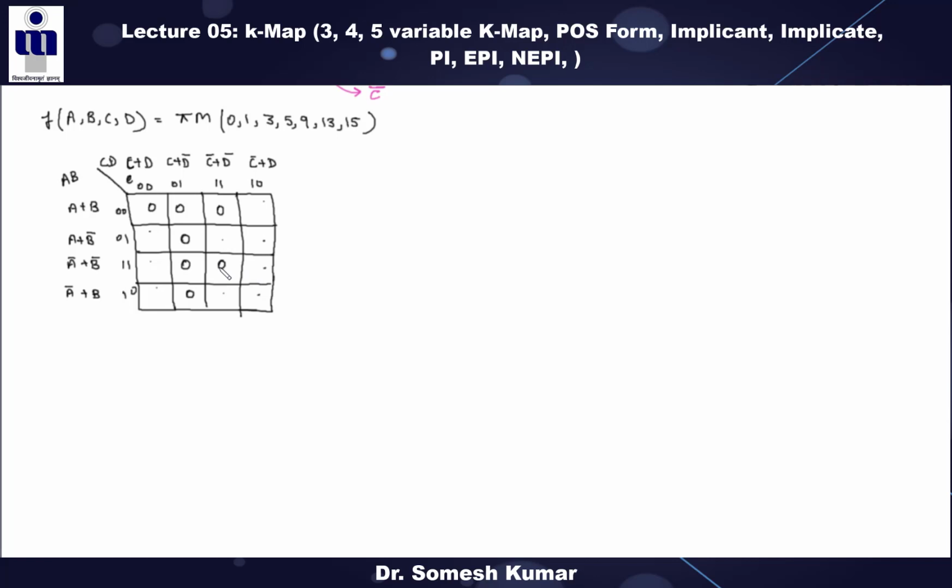Now tell me, is an octet possible or not? Now is a quad possible or not? This is your first quad, if I am not wrong, right? What is the output from this first quad? Which one is common? What is the second possible quad?